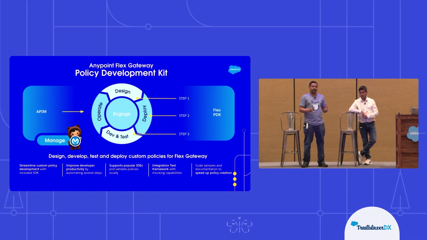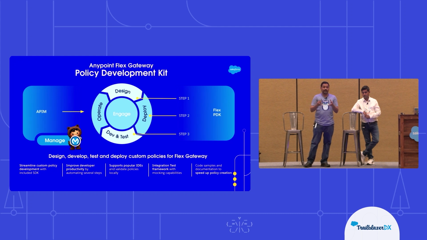Now, with the Flex Gateway, because it's based out of Envoy and a Wasm-based SDK, we did see that early on customers would struggle with building custom policies. Now, we solved that problem using the Policy Development Kit. With the Policy Development Kit, you can design these policies, you can deploy those policies, and also test these policies.